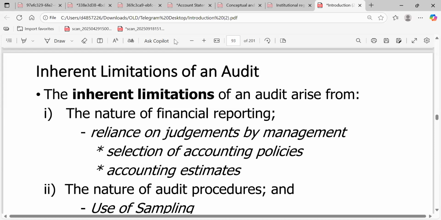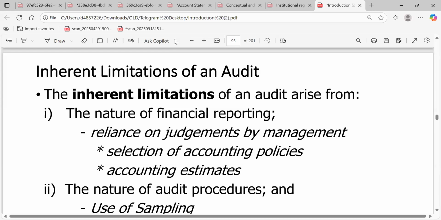They can also decide that we are using reducing balance. And you know, if you decide to use each of these methods or estimates, your financial results is likely to be what? Different from each other.